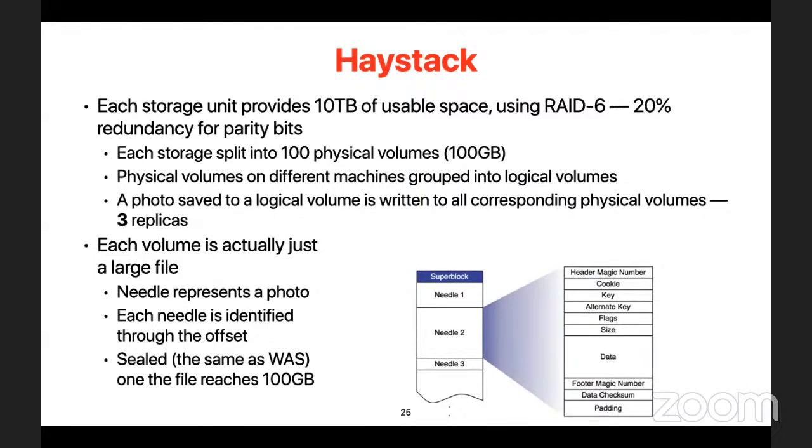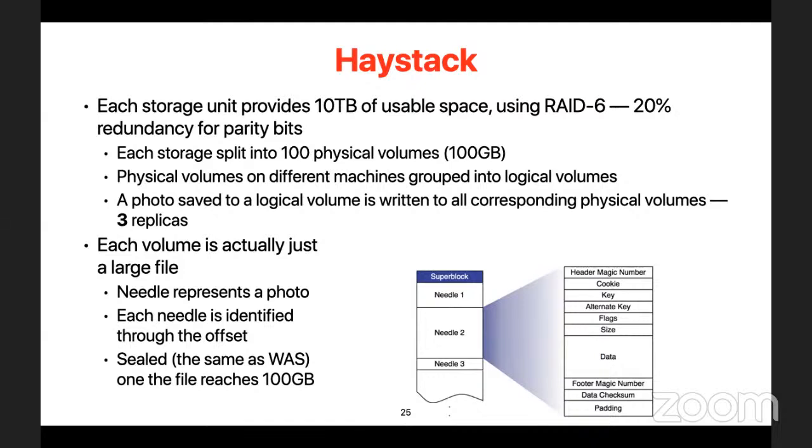The logical volume is essentially a big file that contains thousands of photos. To identify a photo, you just tell the Haystack system, I want this logical volume and which number of photo within that logical volume. That's how you address a photo.